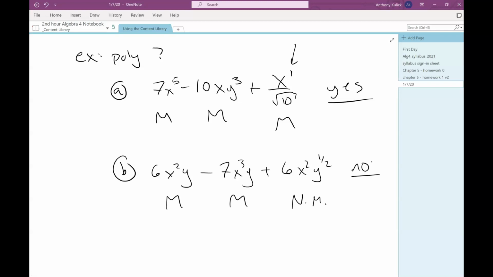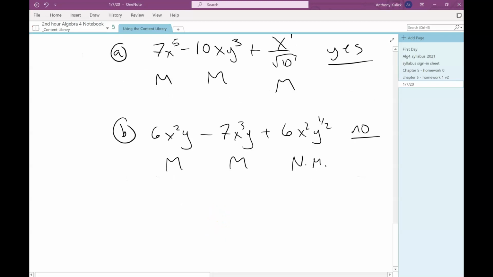Everybody feel okay on this? Being able to just identify what is or isn't? Okay. So now that we've established what a polynomial is or isn't, we need some kind of a language to describe these different parts of a polynomial, or these different attributes. The first thing that we're going to define is the degree.